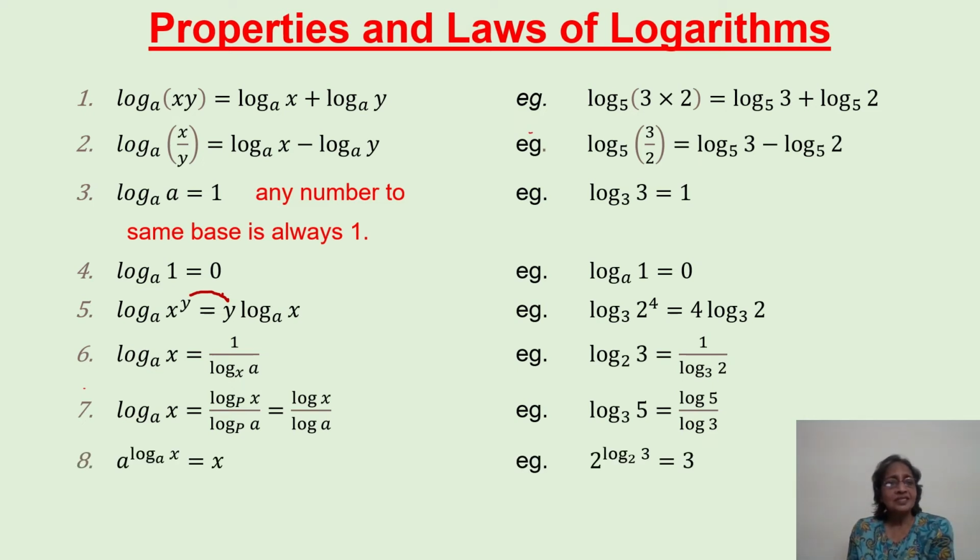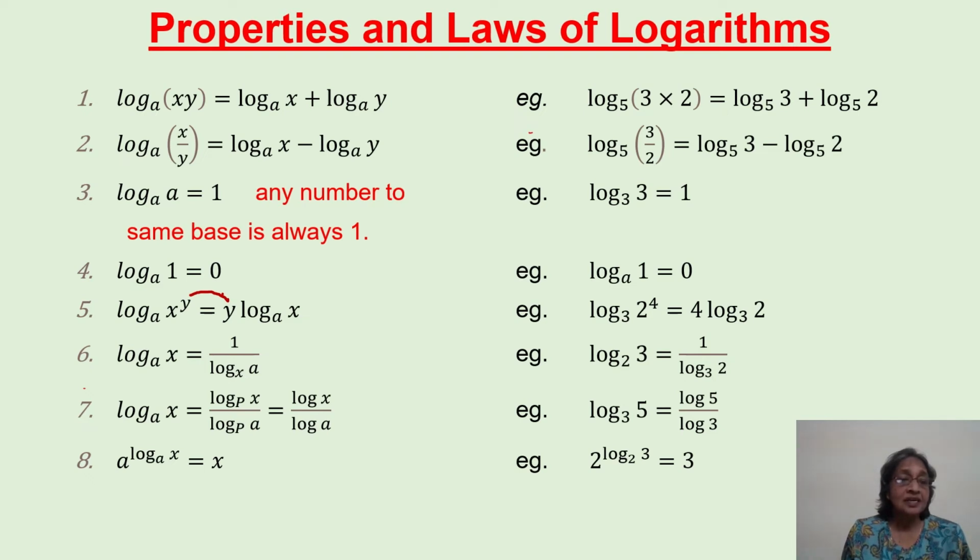Now if you look at this next property, you'll see that the log is in the index number: a raised to log of x to the base a. So when you take this property, you have the base of the log also the same as the base of the index number.